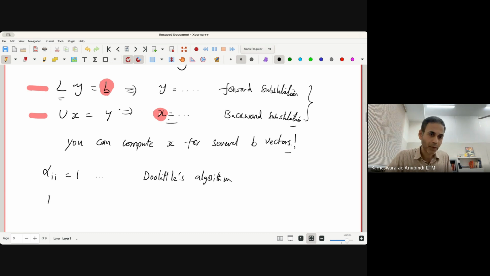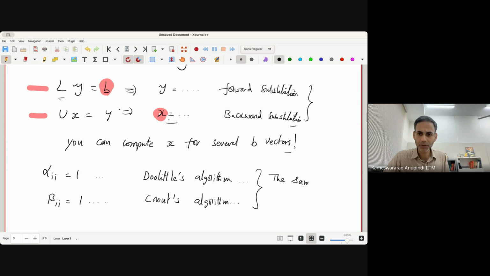But if you're going to say, I'm not going to keep alpha ii, but I want to keep beta ii, that is called Crout's algorithm. So both are essentially the same. These are the same in terms of number of operations and the result, everything. They give the same result. So it's a matter of convenience how you want to put it. Both are possible.